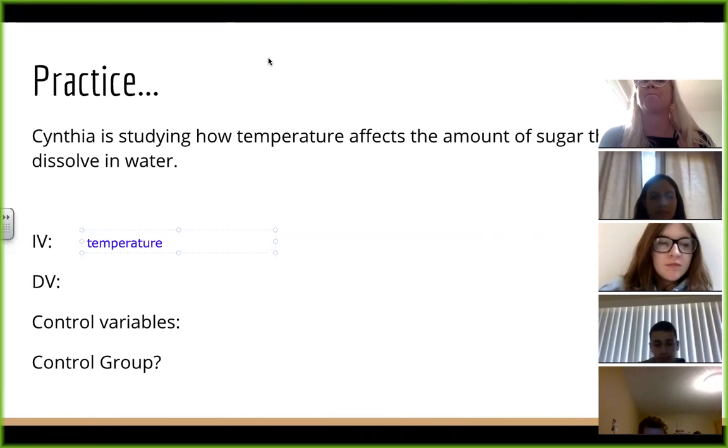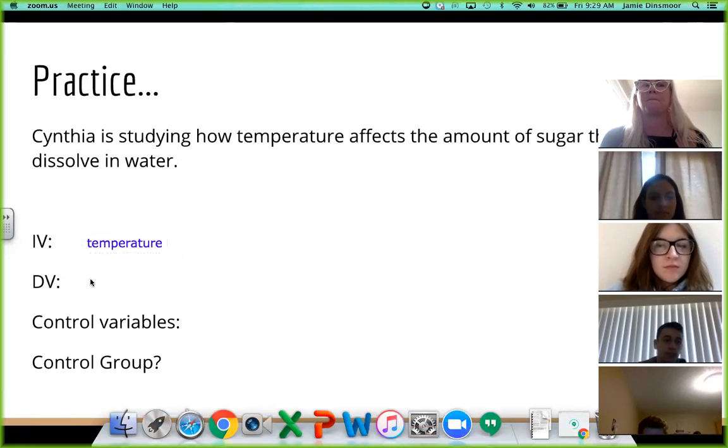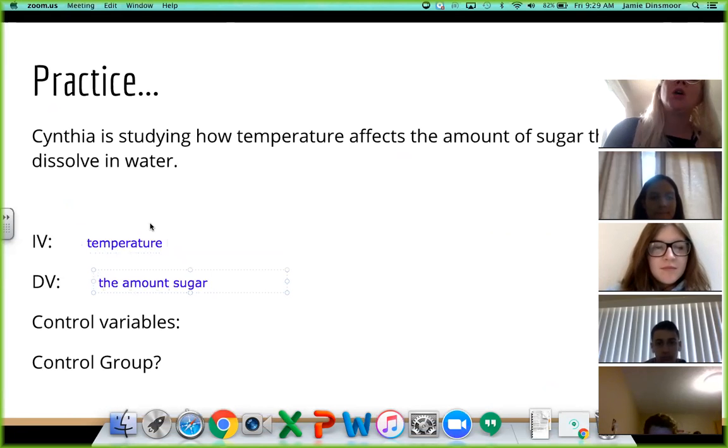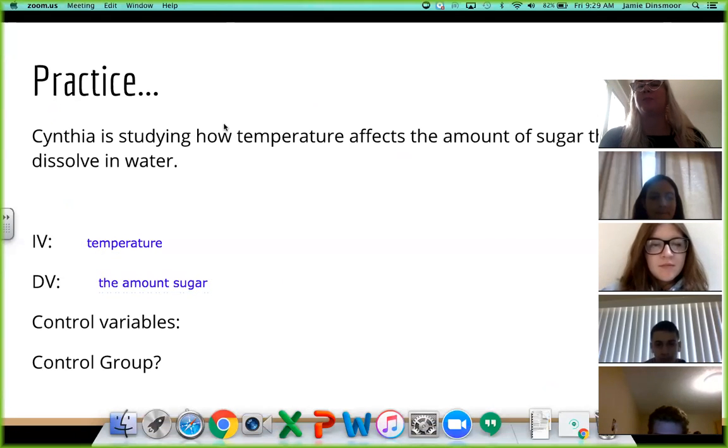What is she measuring? The amount of sugar? Yeah. So she's measuring the amount of sugar. So what would she need to keep the same here if she was really going to do this experiment, right?